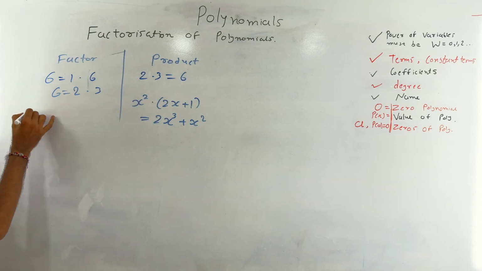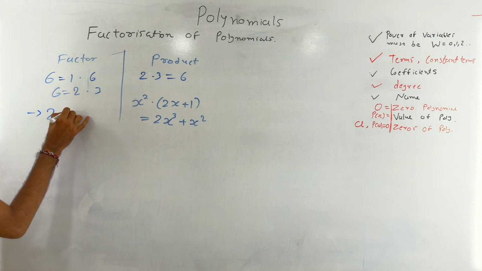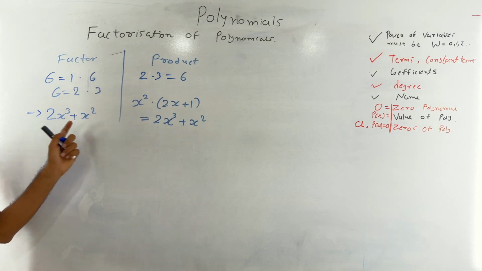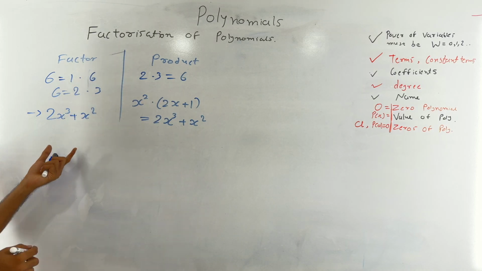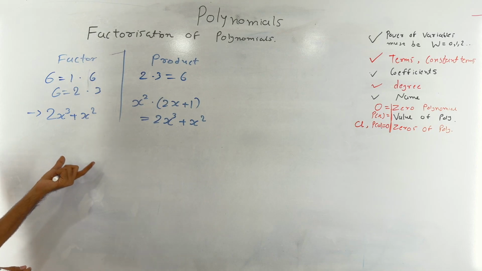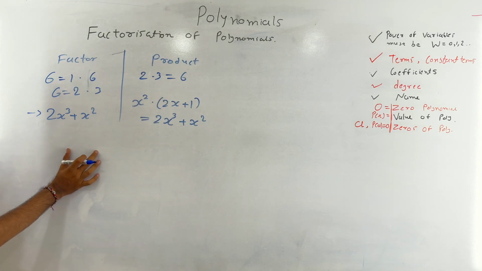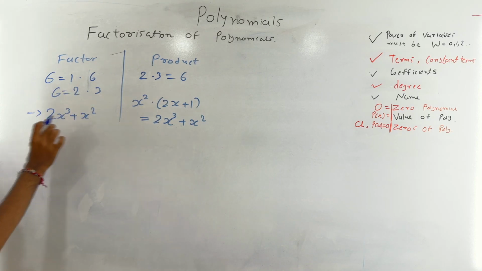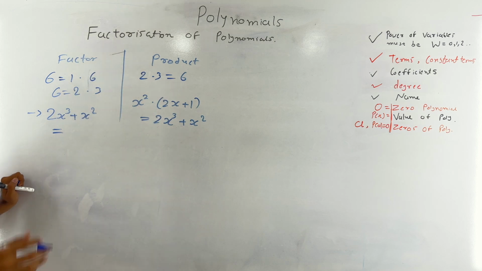Same way, if someone tells me that I have the polynomial 2x cube plus x square, and I want to find a factor of this polynomial, that means I have to find two different polynomials for which, if I do the product of those two polynomials, my answer should come as this polynomial, right? Same as a number, right? So you have already done this type of question, right?